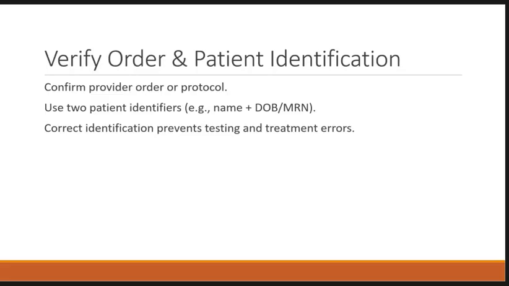The nurse must then positively identify the patient using at least two approved identifiers, such as the patient's full name and date of birth, which are most common, or, in addition to the patient's full name, a medical records number. Proper patient identification is a fundamental patient safety practice that helps prevent specimen and treatment errors.